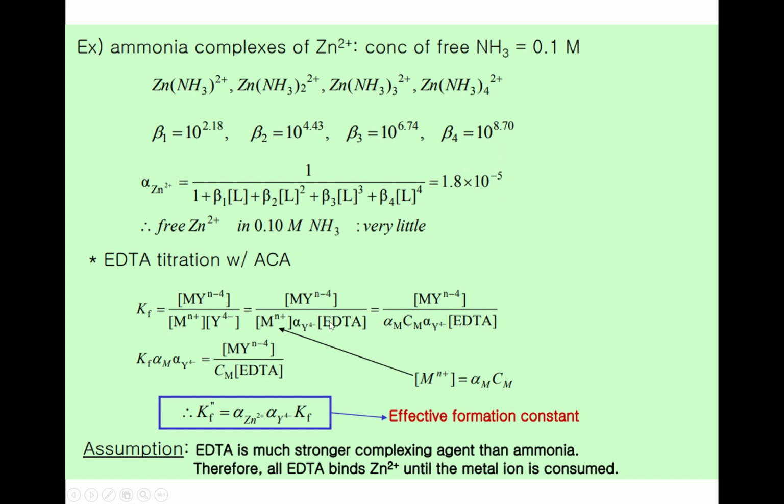Therefore, EDTA binds zinc ions until the metal ion is consumed. So you know the idea here: the auxiliary complexing agent binds the metal ions before EDTA is added, and then when EDTA is added, EDTA takes all the metal ions from the auxiliary complexing agent. That's the idea.